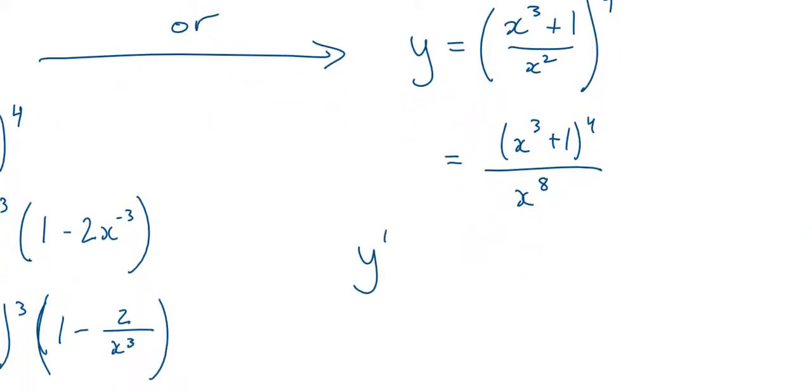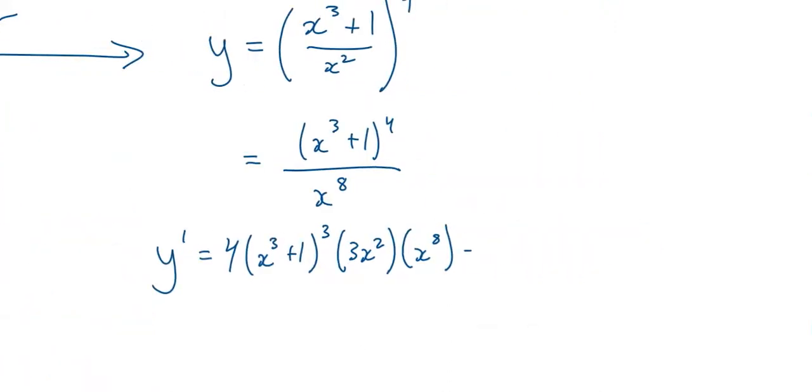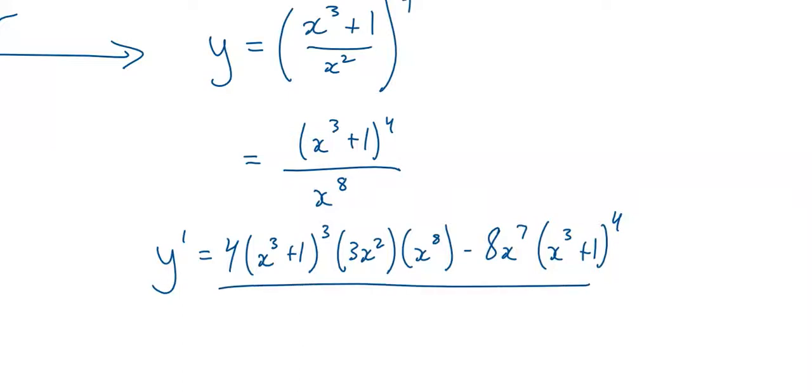So I'm going to do just a couple of steps here. Derivative of, you can write this down if you want, or try it yourself later. X cubed plus 1 to the 3rd times 3x squared. That's the derivative of what's inside times the bottom. I'll put in brackets. Minus the derivative of the bottom times top, all over the bottom squared.